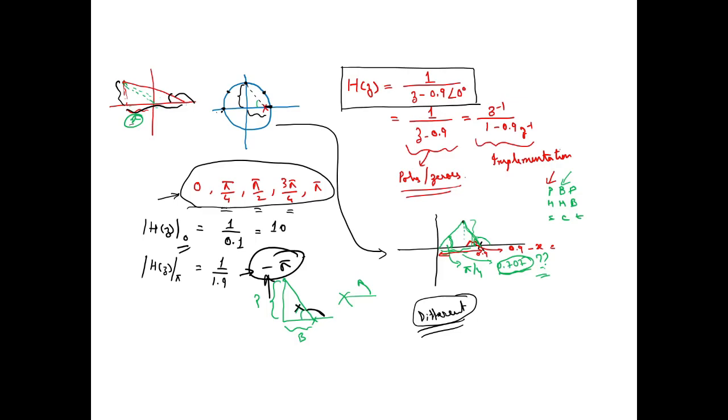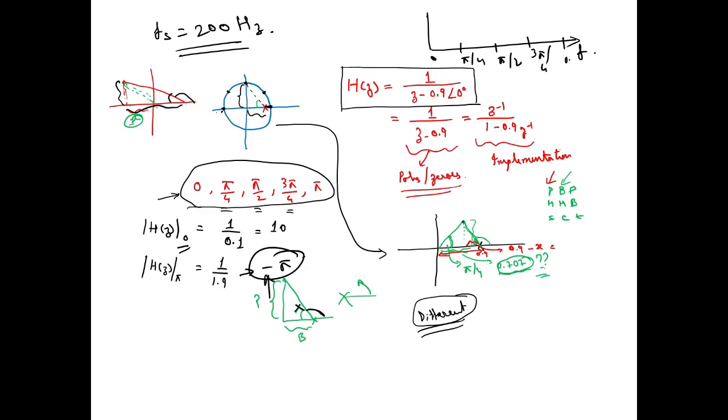Now herein I have given you say 0 degree, pi by 4, pi by 2, 3 pi by 4, pi. Now I may say that fs equals say 200 hertz. Then I tell you, find out the amplitude and the phase response. So you have to plot in terms of frequency and not 0, pi by 4, pi by 2, 3 pi by 4 and pi.